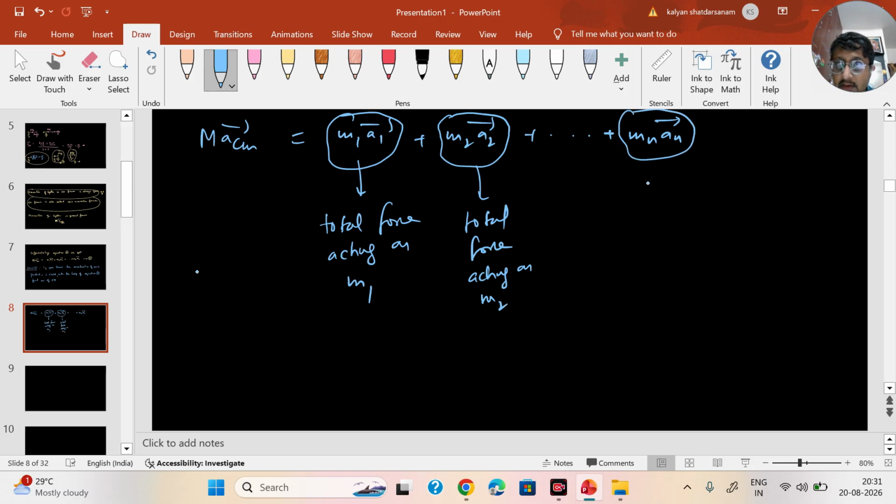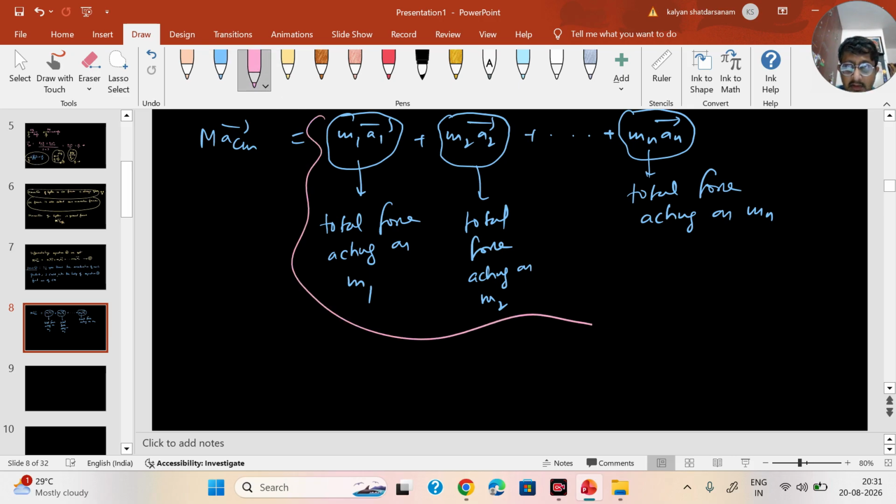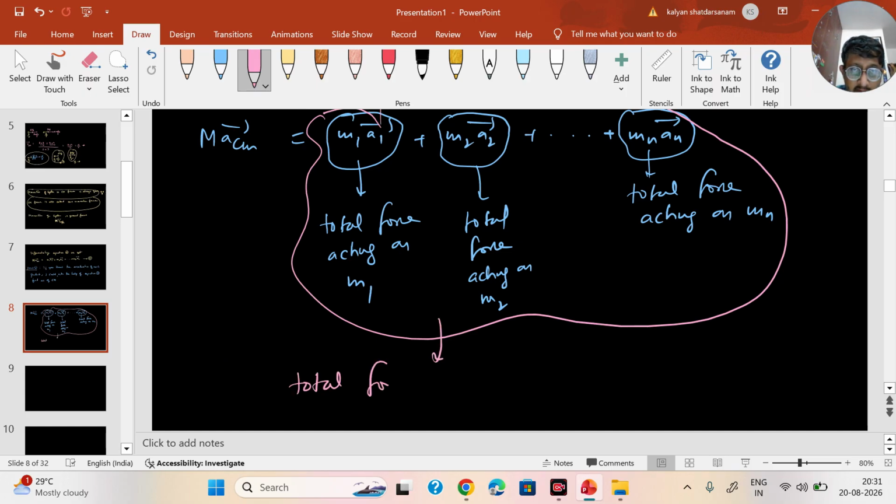And this gives total force acting on Mn. So if you add all this, the whole thing is giving total force on all these particles. So this is giving total force on the system. I am considering all particles as one system, so it gives total force on the system.